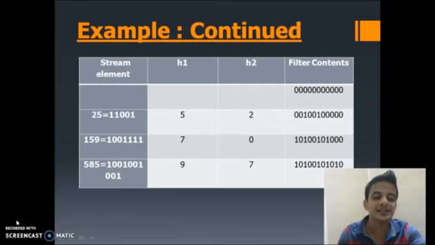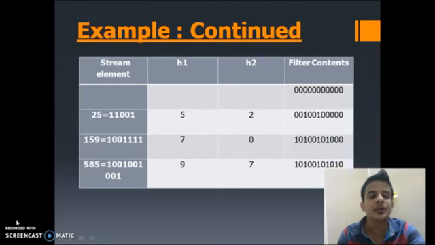The next integer to arrive is 159, which we write in binary as well. The odd positions are 0, 1, 1, 1, which is 7, and the even positions are 1, 0, 1, 1, which is 11 in decimal, and 11 modulo 11 is 0. So here 7 and 0 are the two hash values, and we change those positions in the filter to 1.